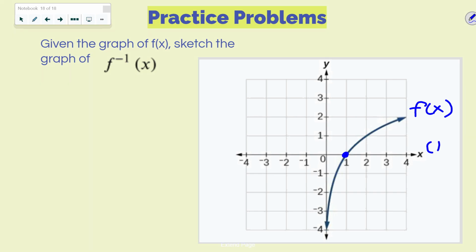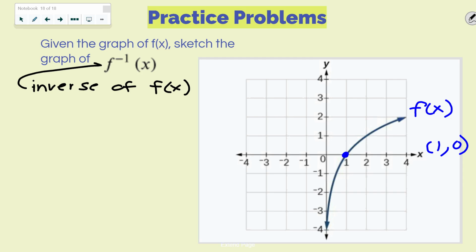Here on f of x, I have the point 1, 0. So what point will my inverse have? 0, 1. So my f inverse of x would have the point 0, 1.